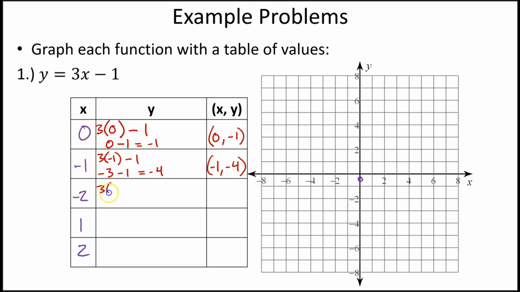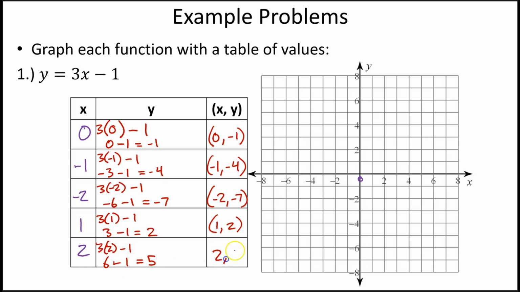Do the same thing for negative 2. So that will be negative 6 minus 1 is negative 7. And 3 times 1 minus 1 will give me 3 minus 1, or 2. So 1 comma 2. And our last one, 3 times 2 minus 1 is 6 minus 1, which is 5. So 2 comma 5.